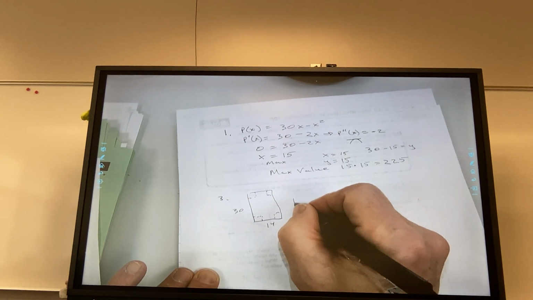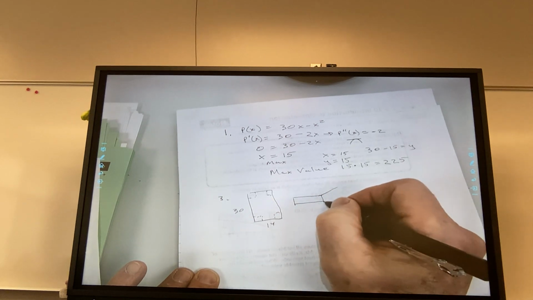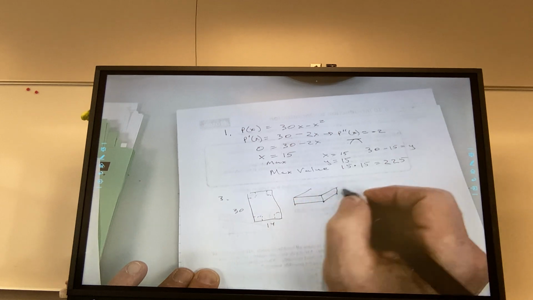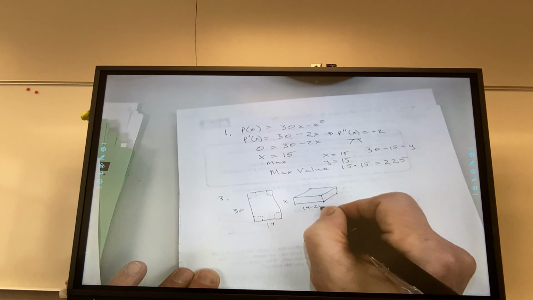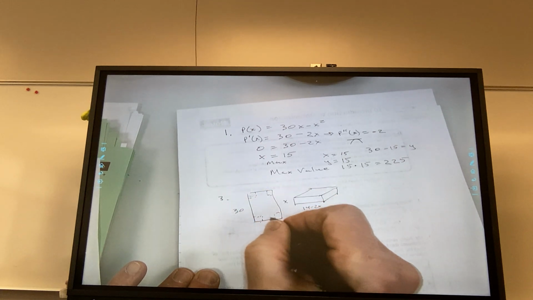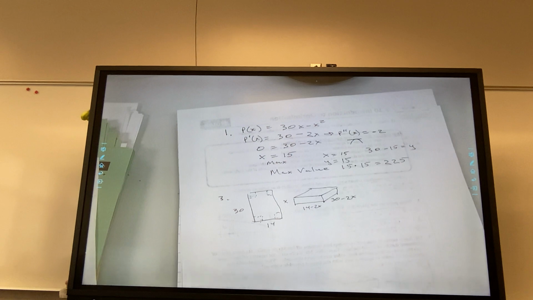And I ended up with a rectangle that looked like this, where it was x high, this was 14 minus 2x, because we were taking off 2 chunks on each of these sides, and over here I had 30 minus 2x.